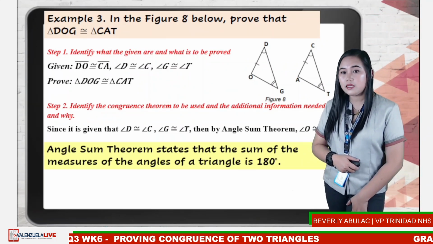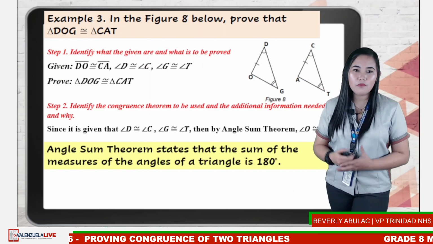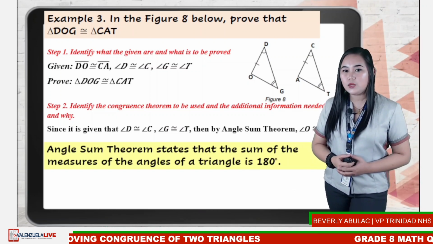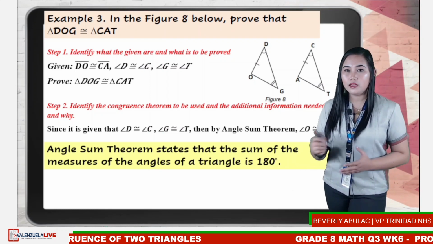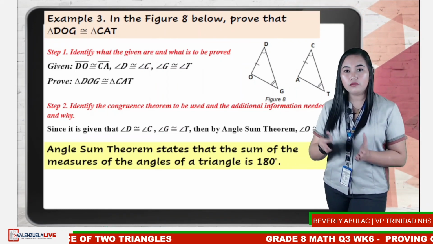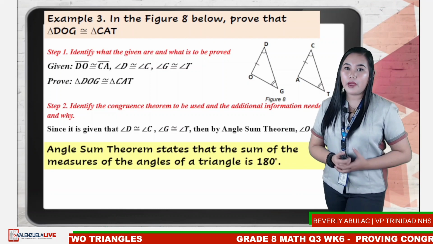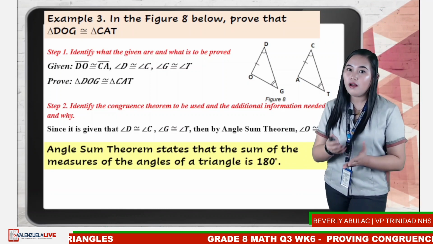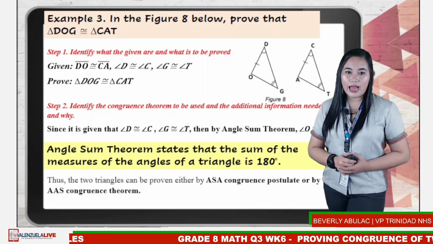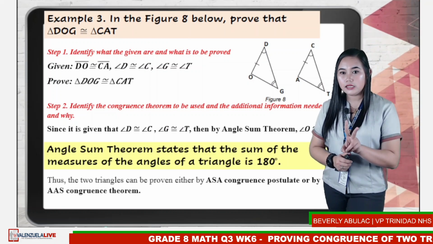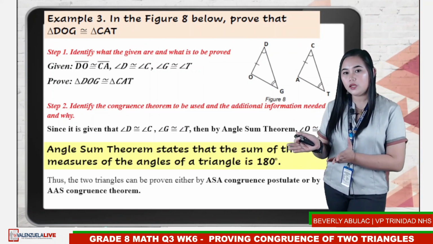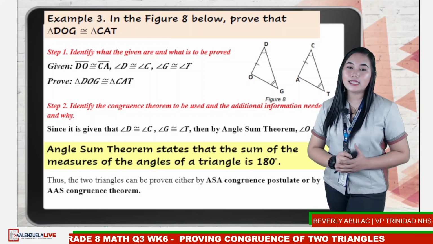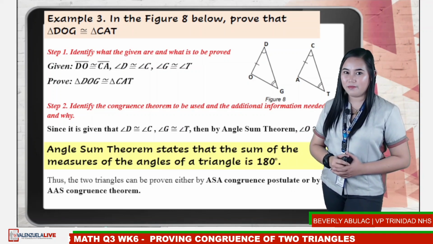Angle sum theorem states that the sum of the measures of the angles of a triangle is 180 degrees. So because the 2 corresponding pairs of angles are already congruent, the third pair of angles are also congruent. So thus, the two triangles can be proven either by ASA congruence postulate or by AAS congruence theorem.